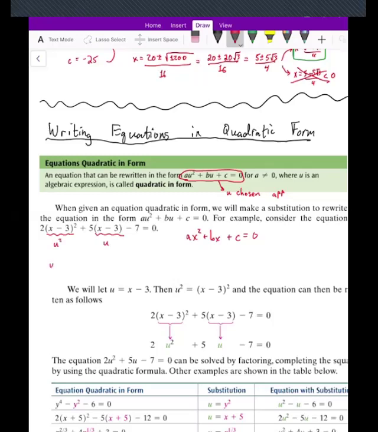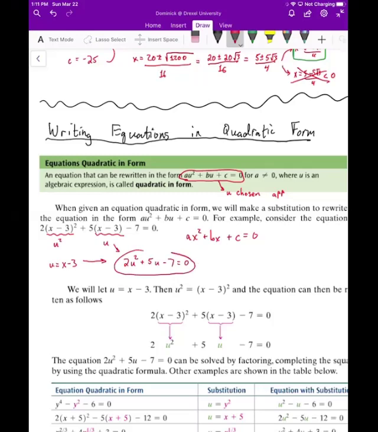So as long as we take u to be x minus 3, then we can write this equation as 2 times u squared, plus 5 times u, minus 7 is equal to 0.